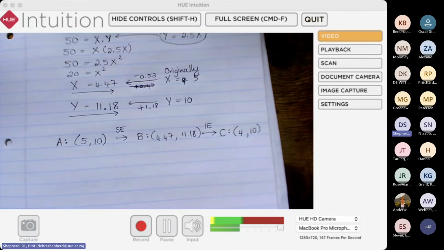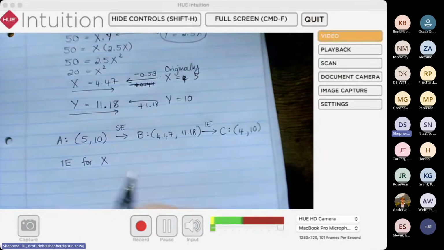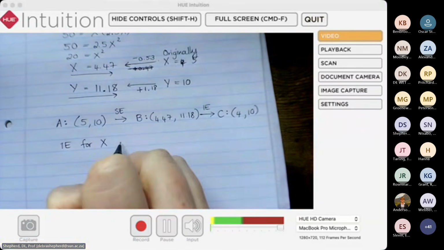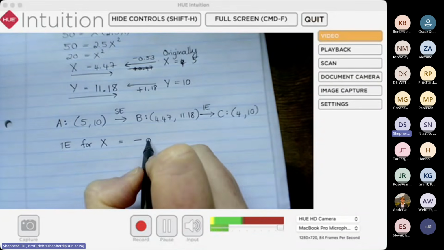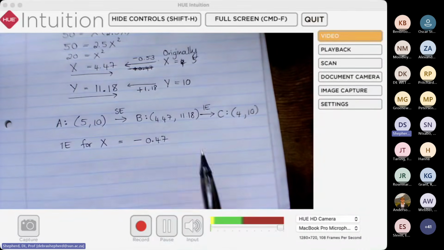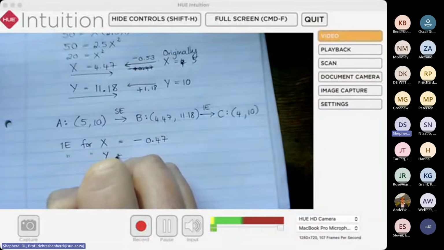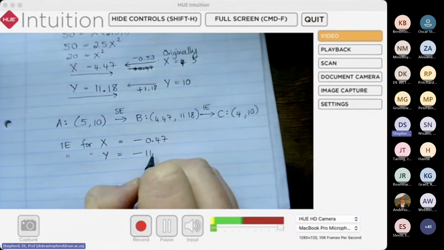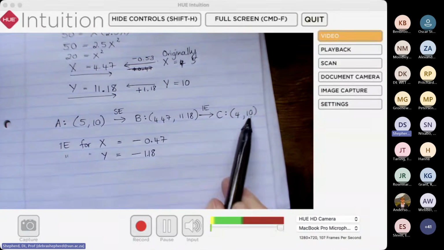So that tells me that the income effect for X is going to be minus 0.47 because it's going from 4.47 to 4. And the income effect for Y is going to be minus 1.18. So going from 11.18 to 10.